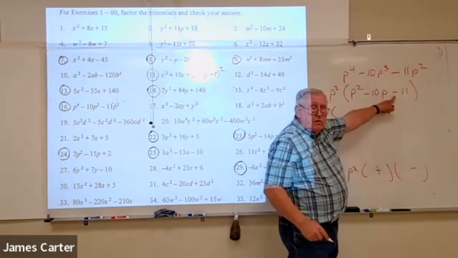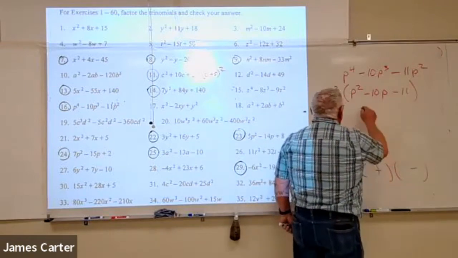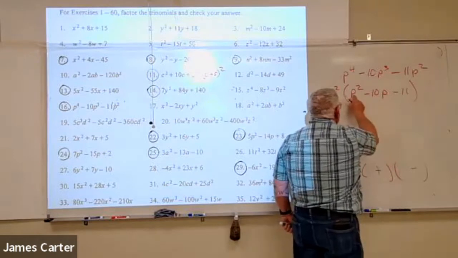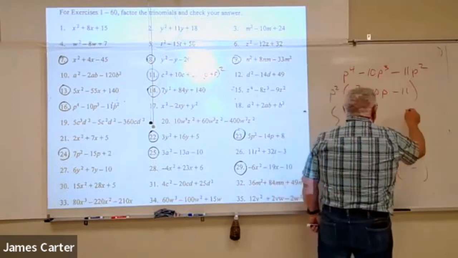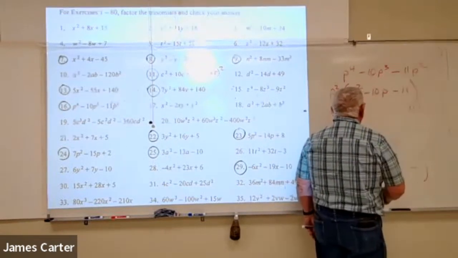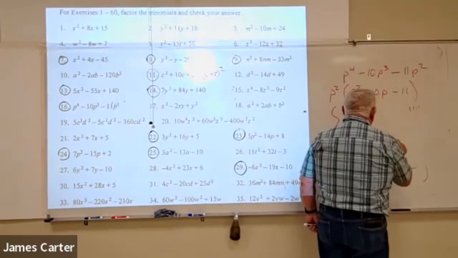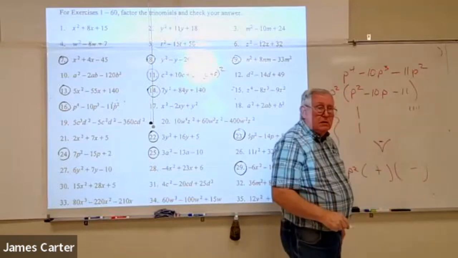That's a negative. Okay. Now, 1, 1, because there's a 1 in front of that. Your only choices here are 11 times 1 and which order we put them in. Well, because we are having different signs, we have to subtract.